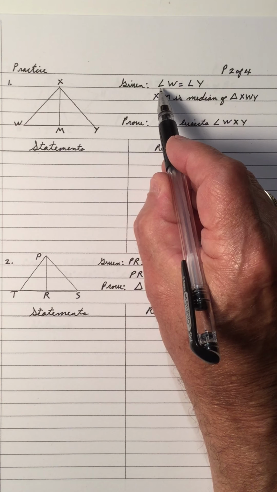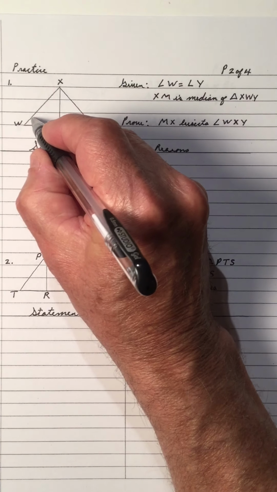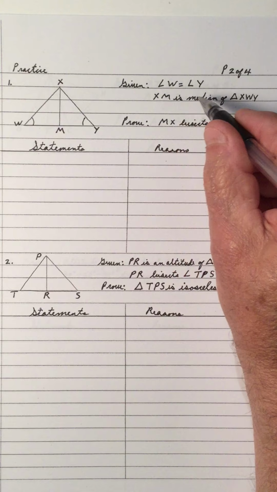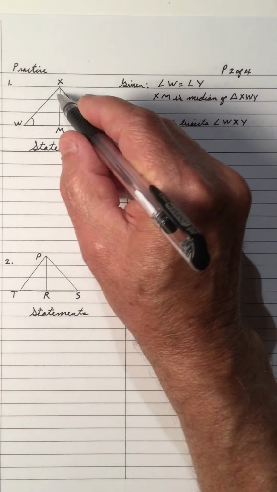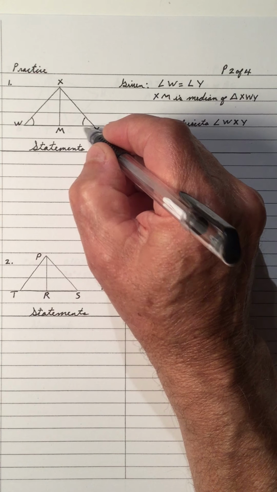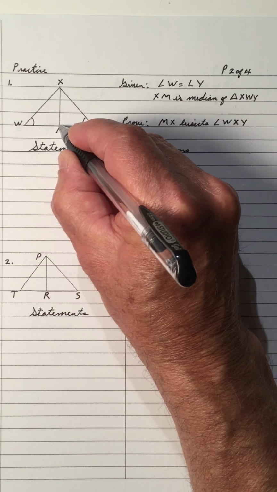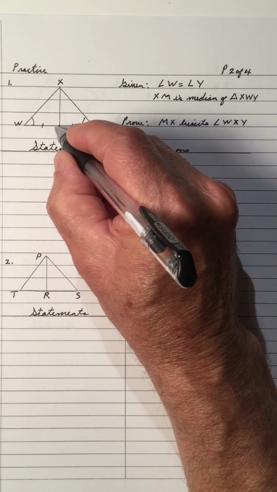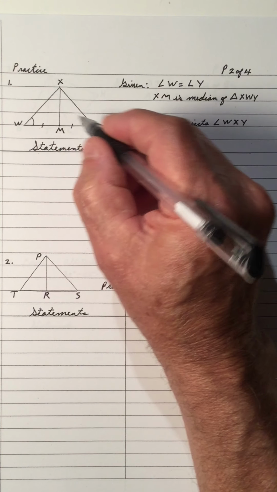Given angle W equals angle Y. We're given that XM is a median of triangle XWY. Because it's a median, M is going to be a midpoint, and that means that MW equals MY.